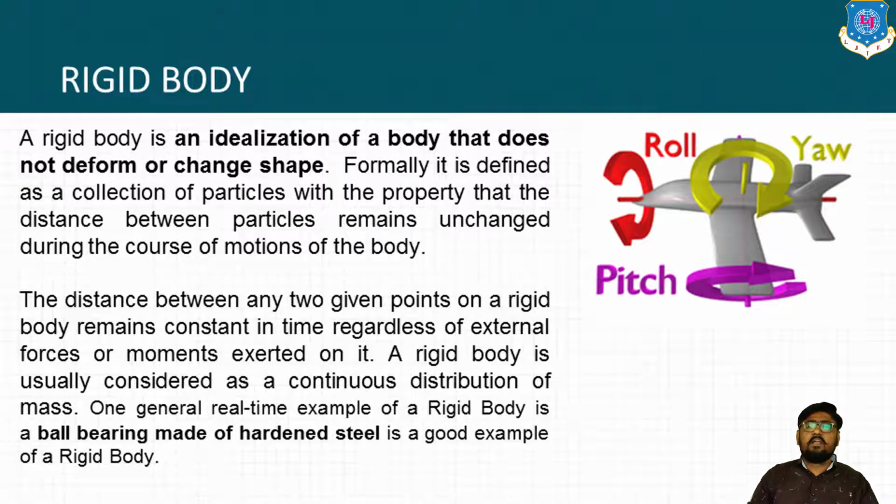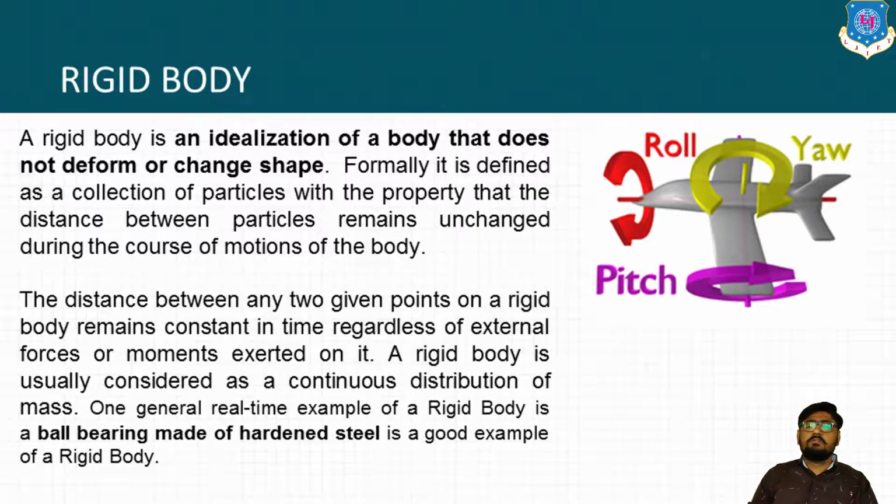Formally, it is defined as a collection of particles with the property that the distance between the particles remains unchanged during the motion of the body. At a minute observation level, the distance between the particles does not change and hence the shape of the body does not change. The distance between any two given points on a rigid body remains constant in time regardless of any external forces or moments exerted on it.